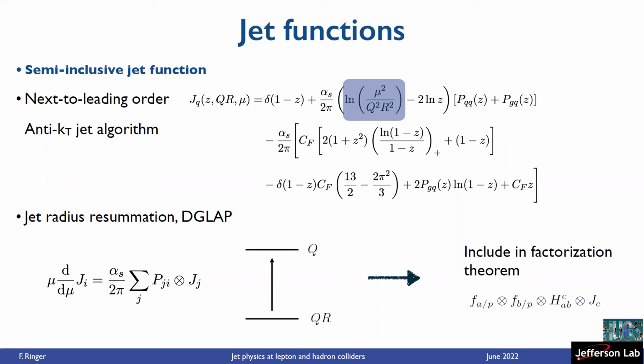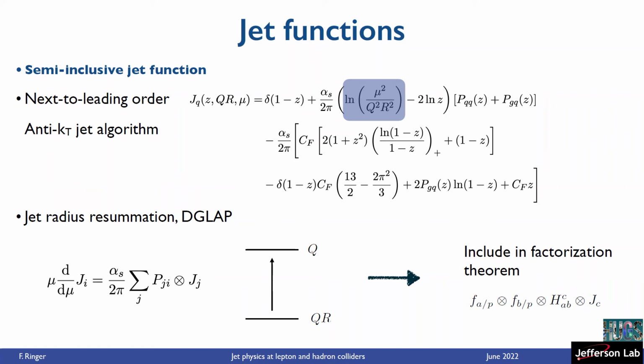Here we factorize the cross section into two functions. If you want to factorize this one as well, you have to introduce two additional functions. Each function then depends on a particular scale, and that allows you to resum the threshold log as well.